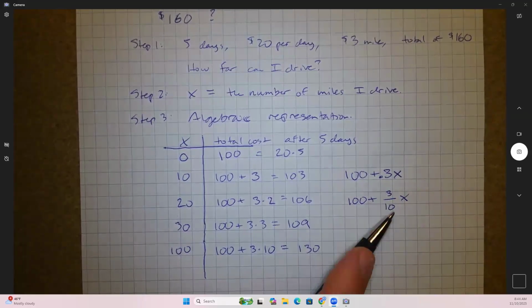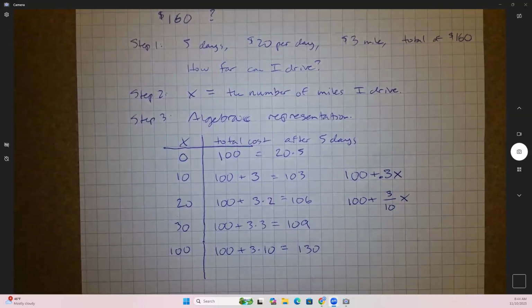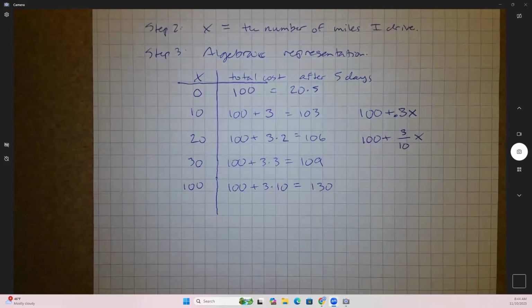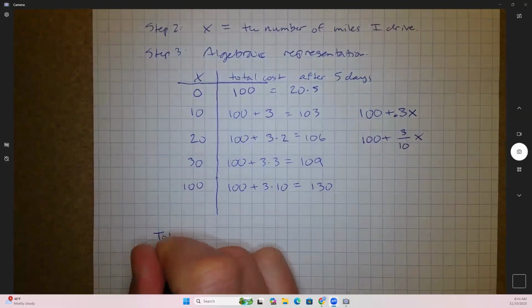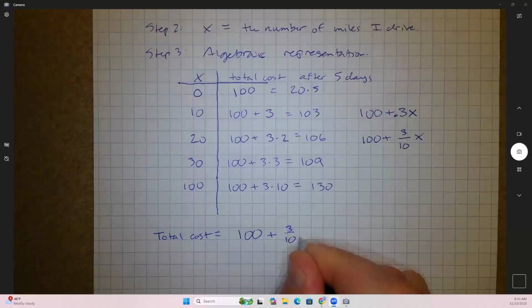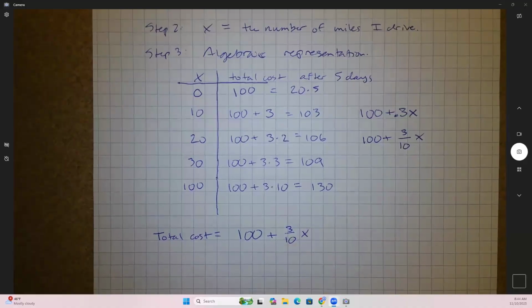And there I see my $3 per 10 miles. And now I have my algebraic representation. My total cost should equal $100 base cost plus 3/10 times the number of miles.